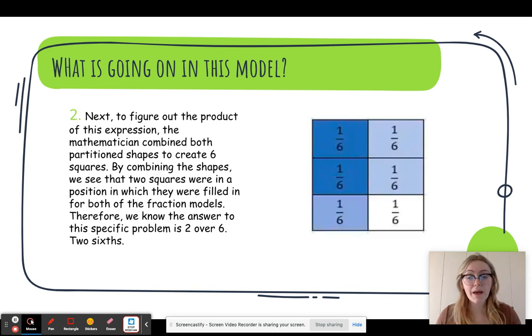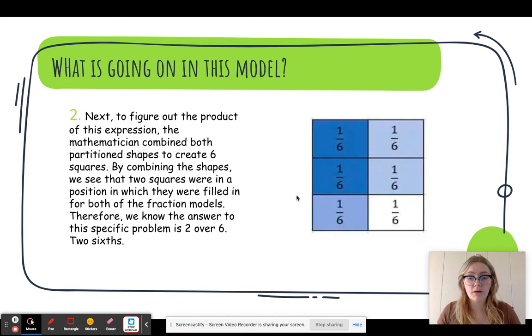Next, to figure out the product, the mathematician combined those boxes and created 6 squares. Now, you might be a little confused as to how 6 squares were created. We know for the thirds model, there were 2 lines going across. You can see them here, 1, 2.